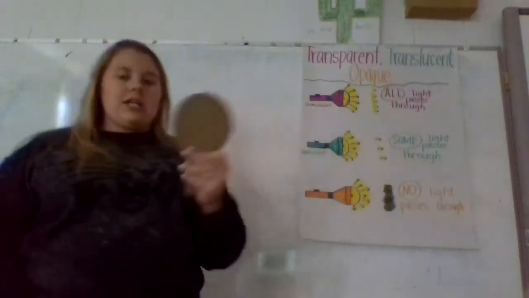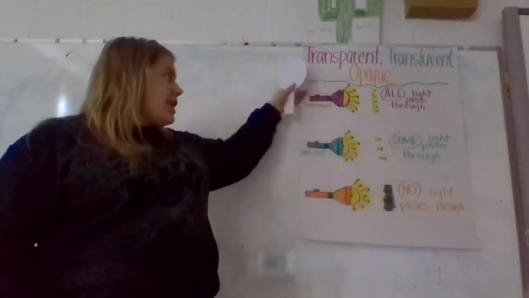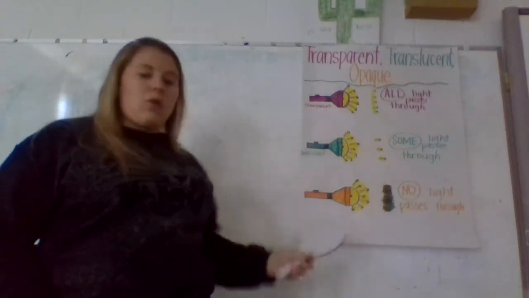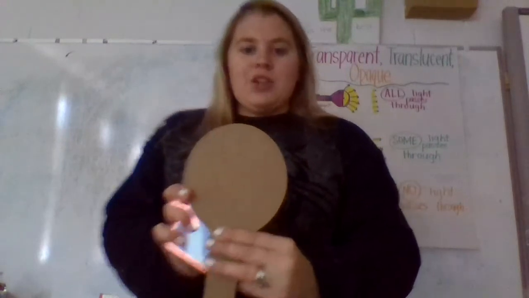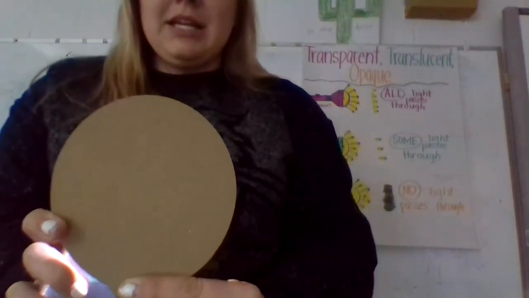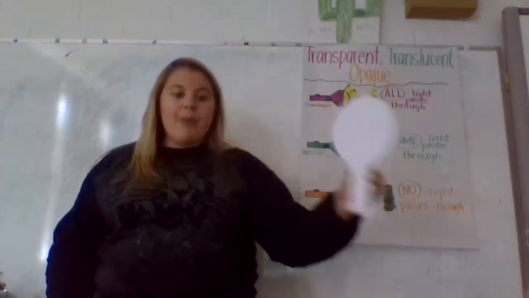Do you think you're going to see all the light come through on the other side? Some of the light or none of the light? Transparent, translucent, or opaque? Can you see any light coming through? You can't. So this paddle is opaque. It does not let anything pass through it.